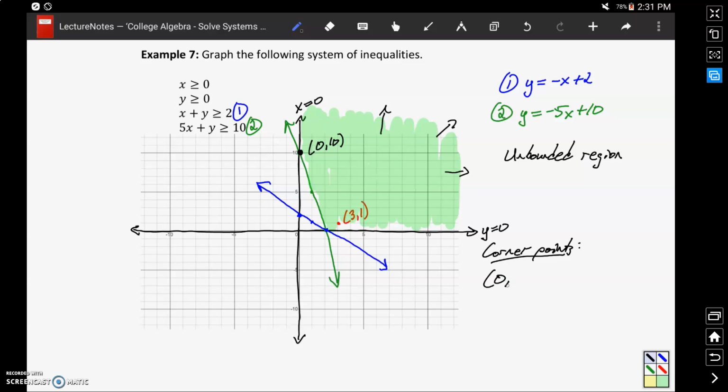So we have a corner point at 0, 10, and another one at 2, 0. Because again, as we follow this line bounding our region, we take a short turn, that area changes directions, giving us a second corner point.